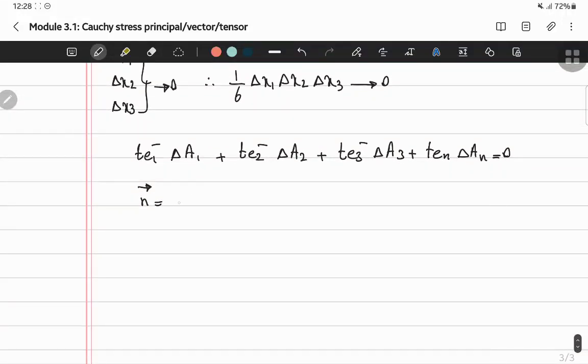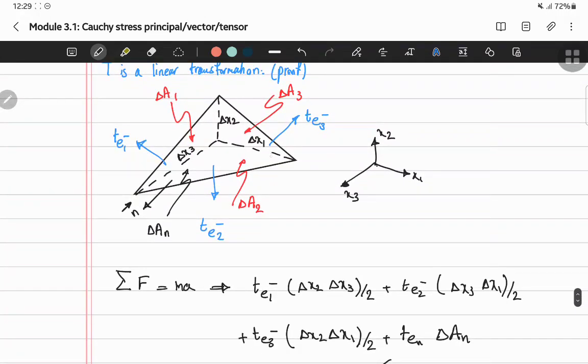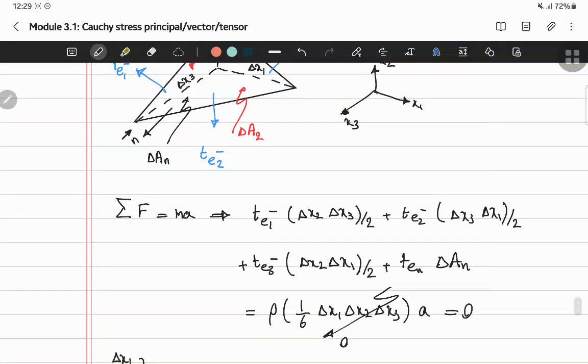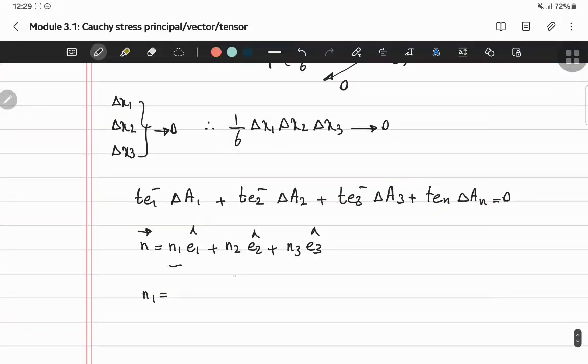This n is n1 e1 plus n2 e2 plus n3 e3. And since we have this surface on the top for delta An, we can write n1, n2, and n3 in the form of delta A's.